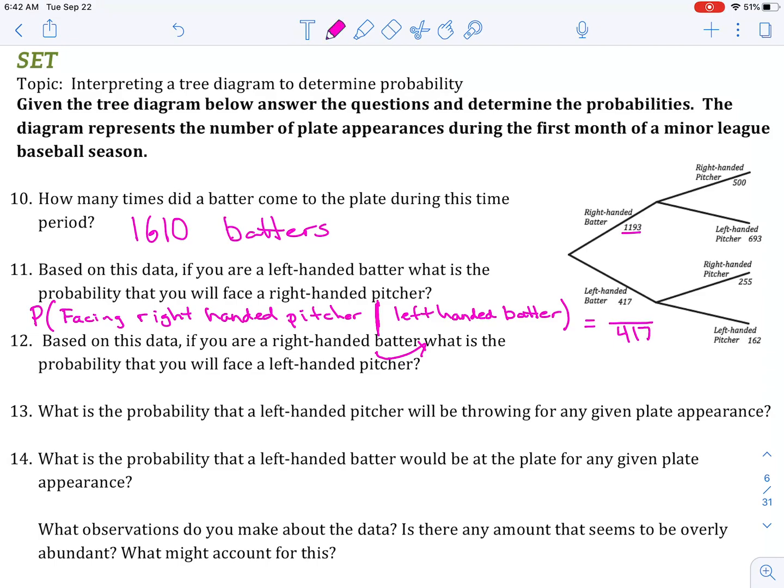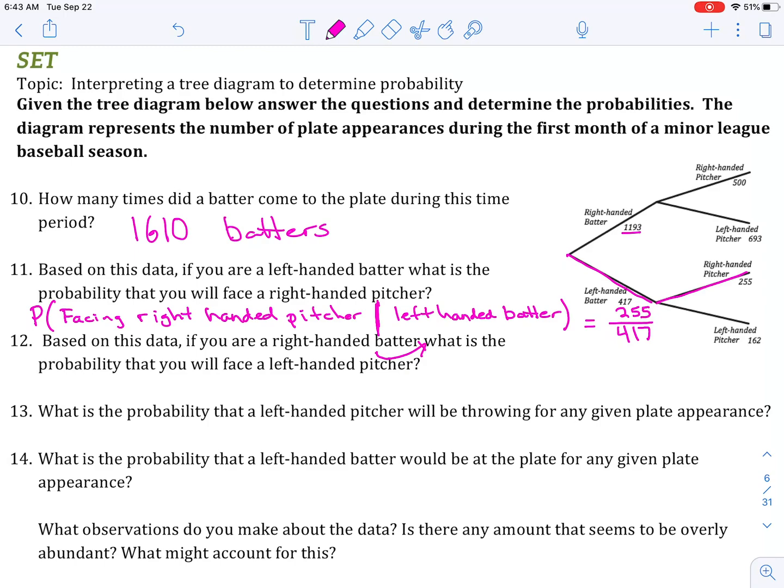And then the numerator is going to be the part that comes before, facing a right-handed pitcher. So we have our left-handed batter and then our right-handed pitcher. That's 255 out of 417. So out of all the lefties, 255 of them faced a right-handed pitcher.